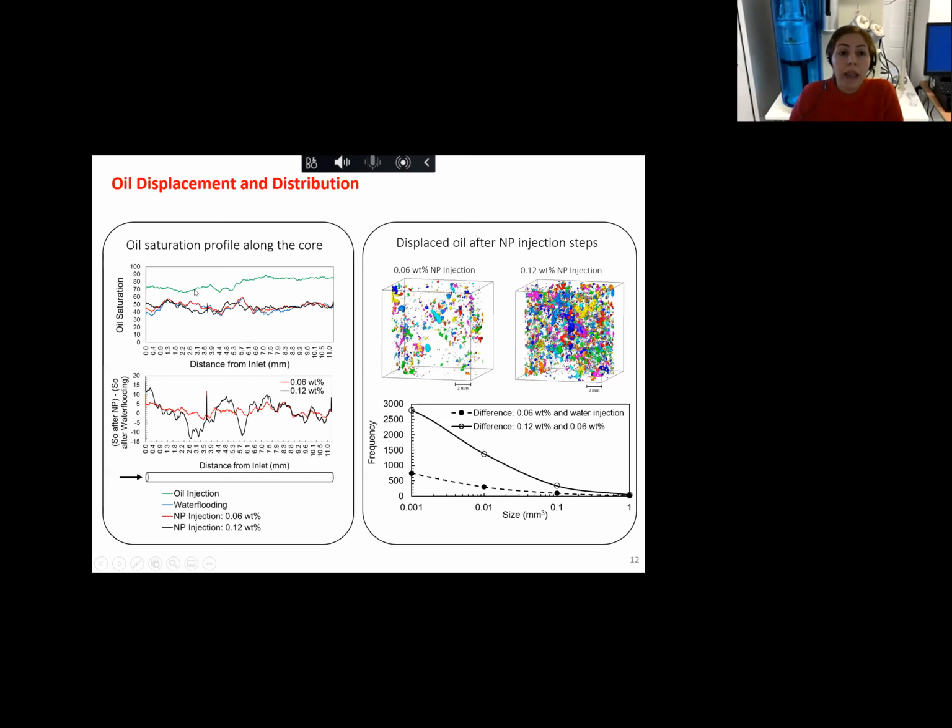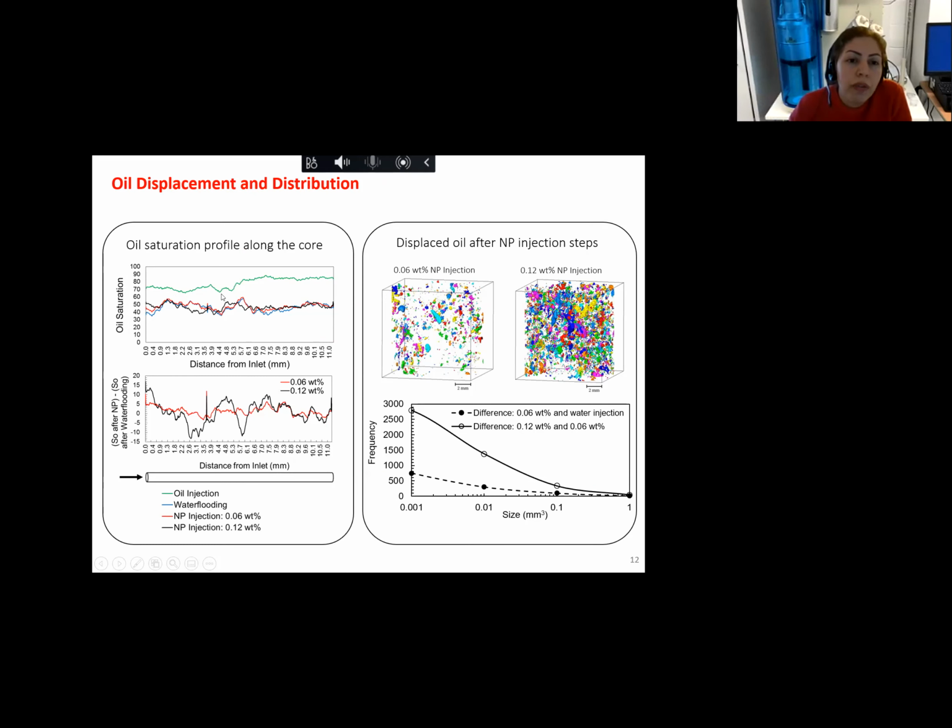But what if you had a tool like we had to look at what was happening during the course of the flow? We also tried to compare the different injection steps. So here I'm going to show you the oil saturation right after the oil injection.